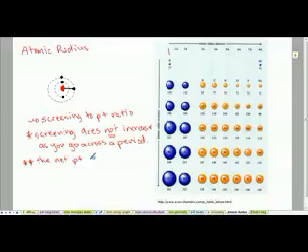Well, if the screening does not increase as you go across a period, then what is increasing? Well, what is increasing is your net positive charge in the nucleus.